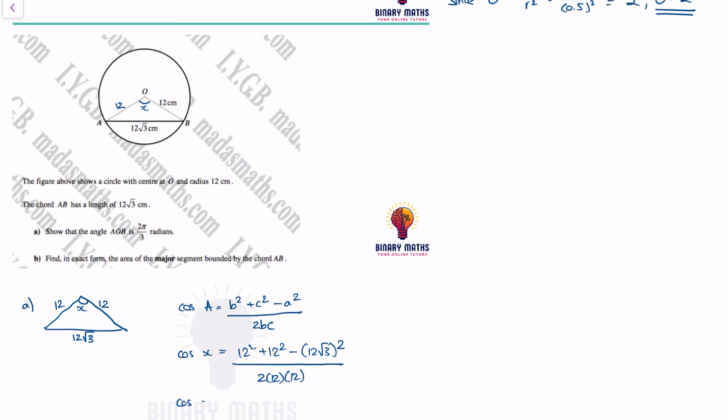If we put this into our calculator, we get cos x is equal to minus a half. So x must be inverse cos of minus a half, which is equal to 2 over 3 pi.